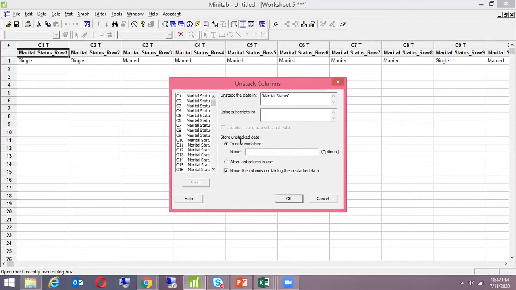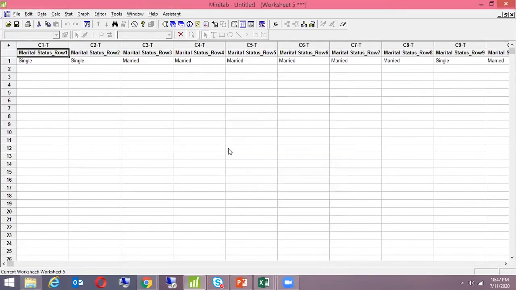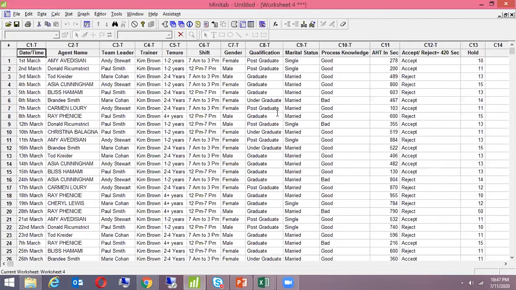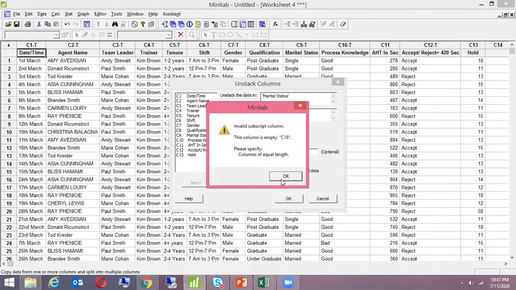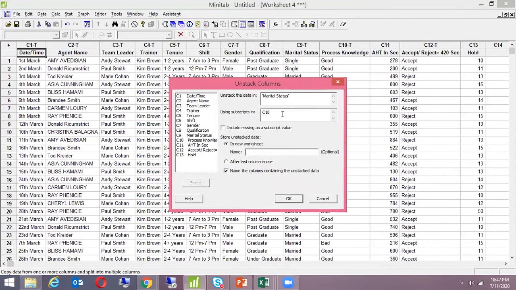It's already unstacked. Data unstack, I have to mention a column here. So I mention C18. Not letting.